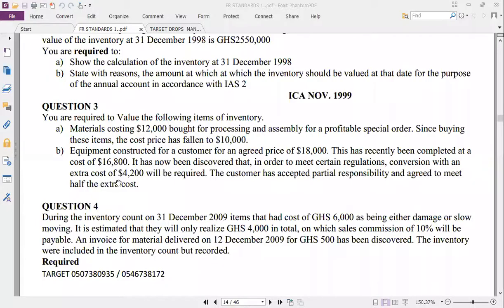Okay, good. So now let's see. What's the name of this inventory? Sometimes we'll name it for you. Equipment constructed.